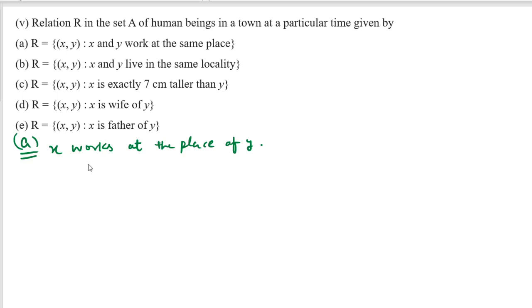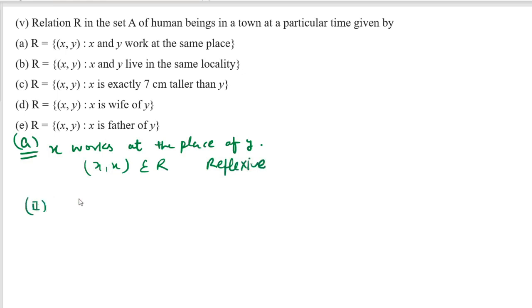I can say x comma x belongs to R, because if x is any person like me, if I work somewhere, I will keep working there. What I mean to say is x comma x means a relation of itself with itself. So x comma x belongs to R. It means it is reflexive. The condition of reflexive is satisfied.